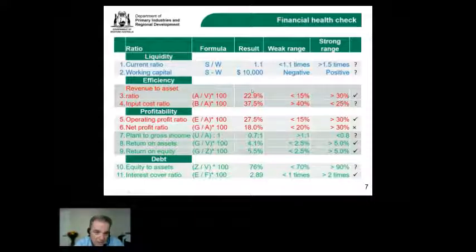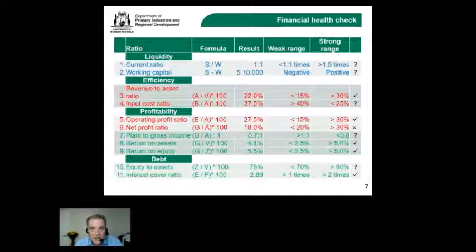Last year, we generated 25 cents in the dollar on our assets, and this year only 22.9. If the season was similar and lots of other things were similar, we might go, maybe we haven't used our assets as efficiently, and we need to look at what we can do. Could we lease some land to someone rather than farm it ourselves? Could we do some contract harvesting if our plant and equipment's not being used efficiently?